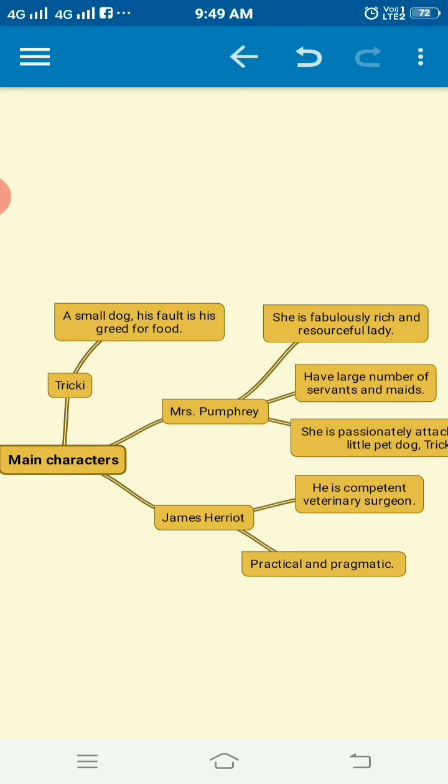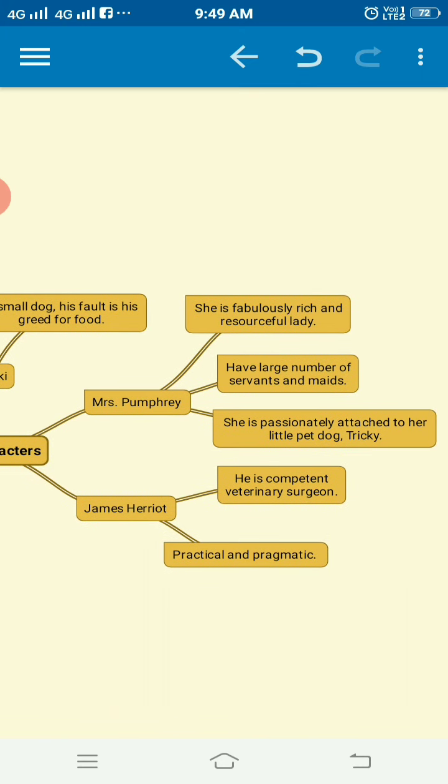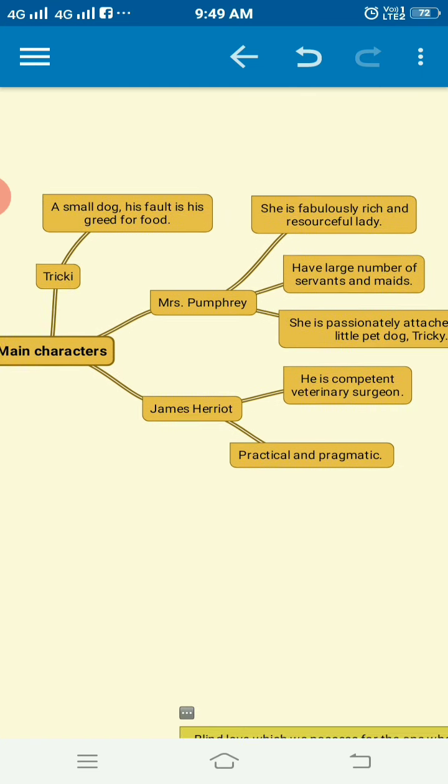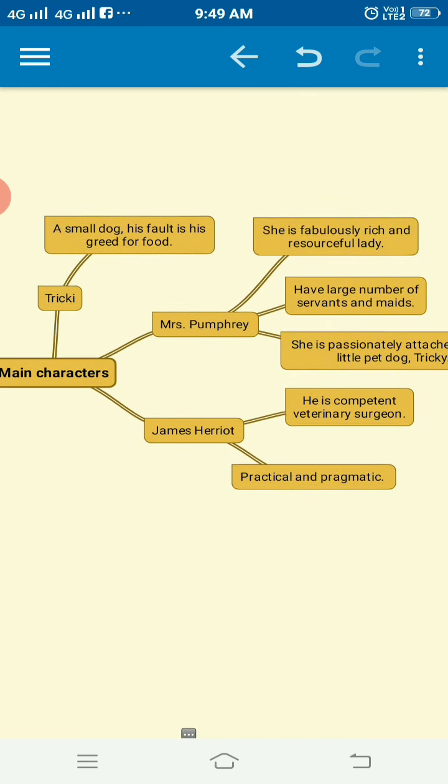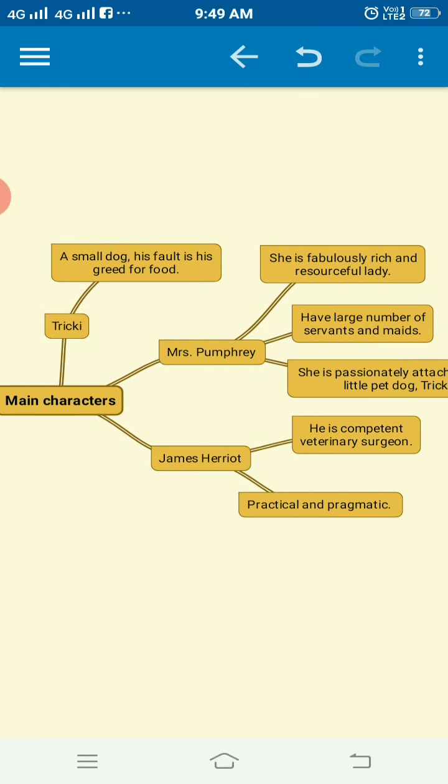The second character is Mrs. Pumphrey. She is a rich lady. She has many resources, a large number of servants and maids, and she is passionately attached to her little pet dog Tricky. The third main character, as you can see, is James Herriot. He is the writer narrator of this story.